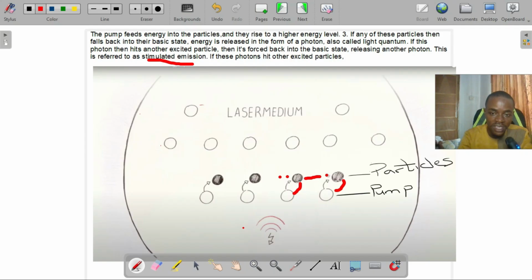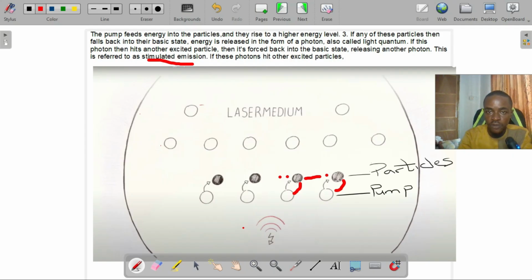If this photon moves to join another particle in the excited state, and these particles fall back to the basic state, two photons will be released. One will be a replica of the other. That is known as stimulated emission, the producing of more photons.